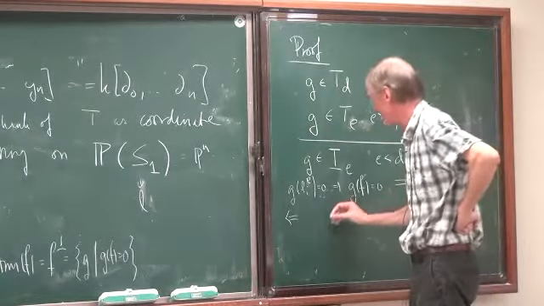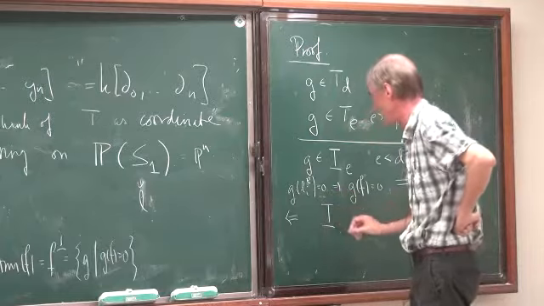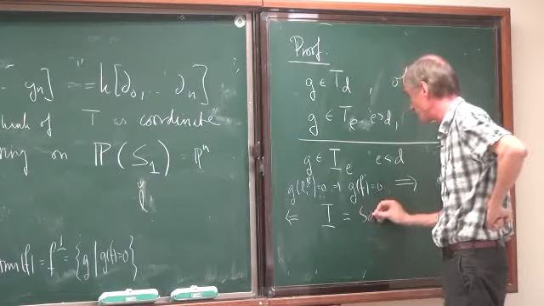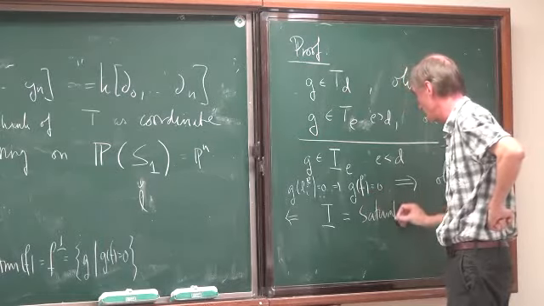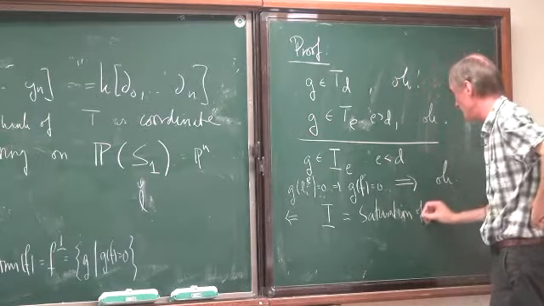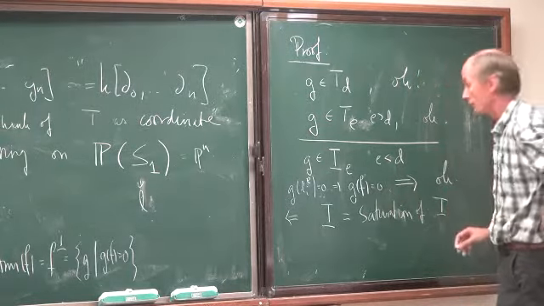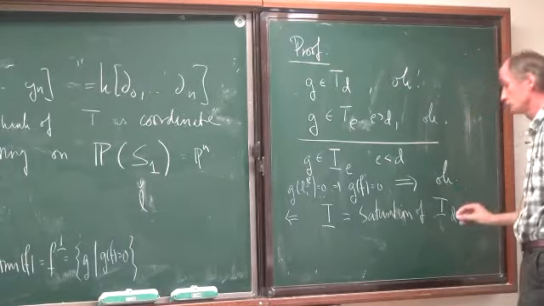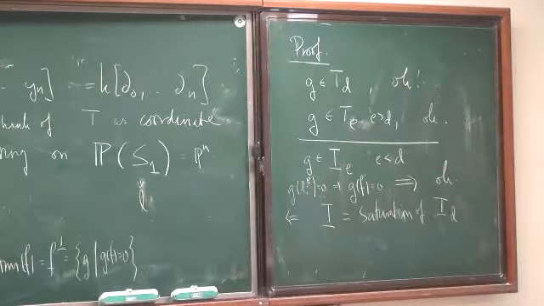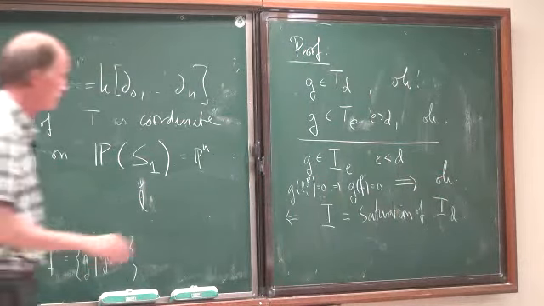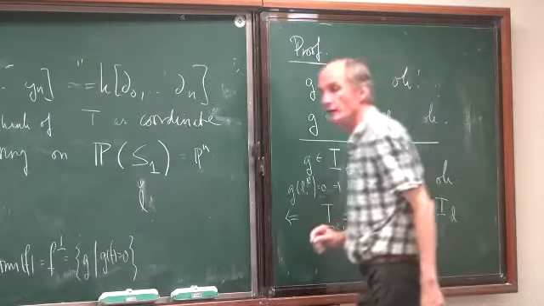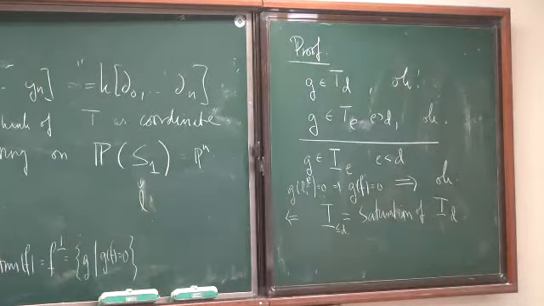So for that thing, let me first put it this way here. The ideal I is just the saturation of the ideal in degree D. So what I should say here is less than or equal to D is just a saturation of that.